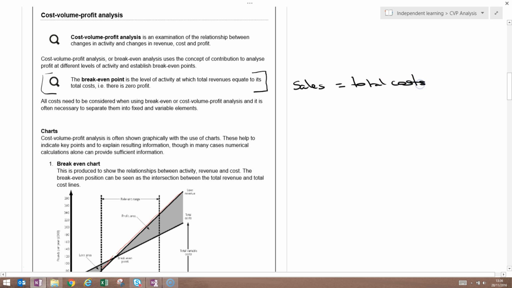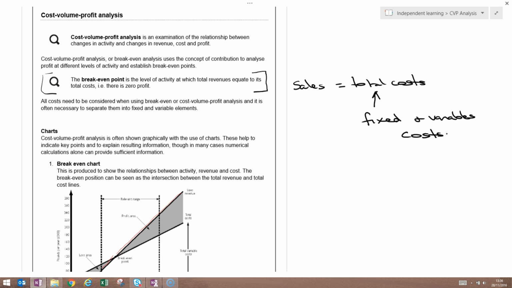So sales minus total costs would give us a zero profit. Now we're talking about total costs, so that is both the fixed and the variable costs, although you will have to separate them out in calculating break-even points.